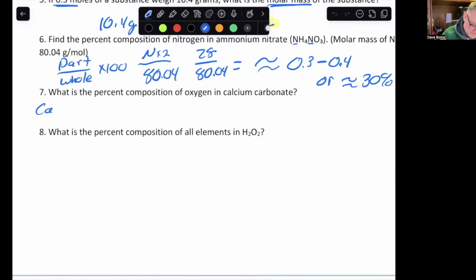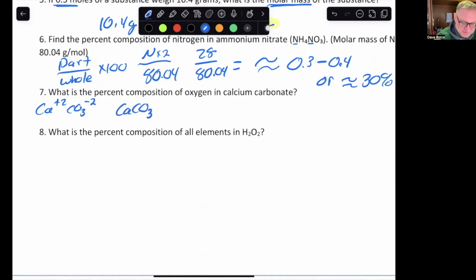So Ca +2 and CO3 -2. So this can go together in a 1-to-1 ratio. Swap drops my 2's, 2 to 2 is the same as 1 to 1. With an ionic, we do want to reduce those. So that's going to be CaCO3.